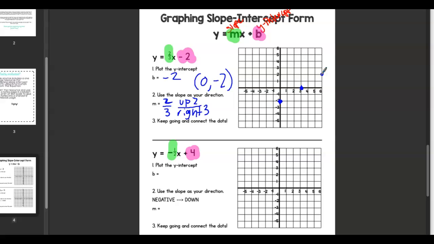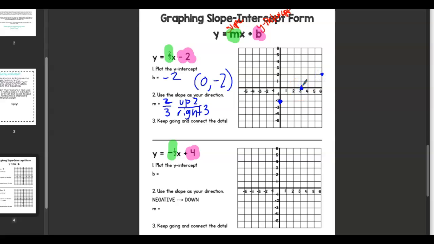Is there another way I could get 2/3 as my slope besides going up 2 and right 3? How else could I get 2/3 from my slope besides rising 2 and running 3? How do you get from this point to this point?